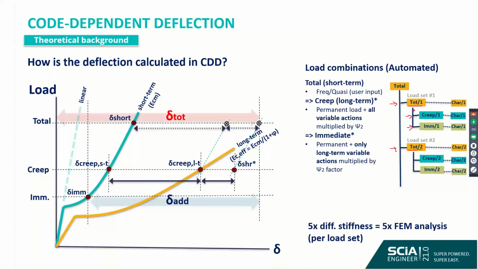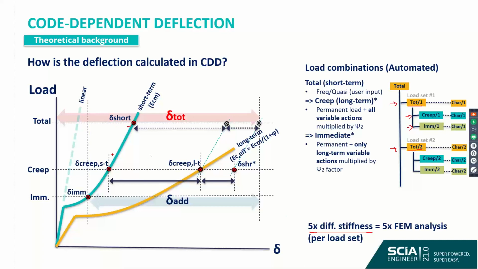So for the envelope combination, we have some load sets, and each load set means one state of the deflection. So finally, if this total combination and the creep and immediate deflection are really different, then we have five different stiffnesses.